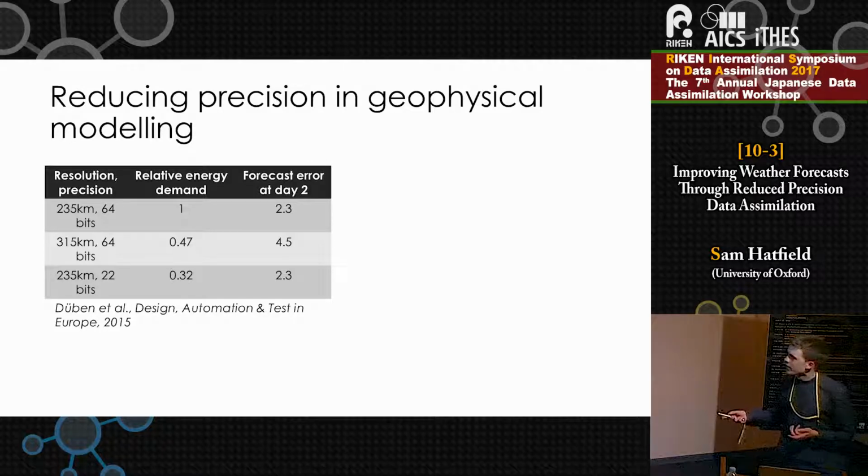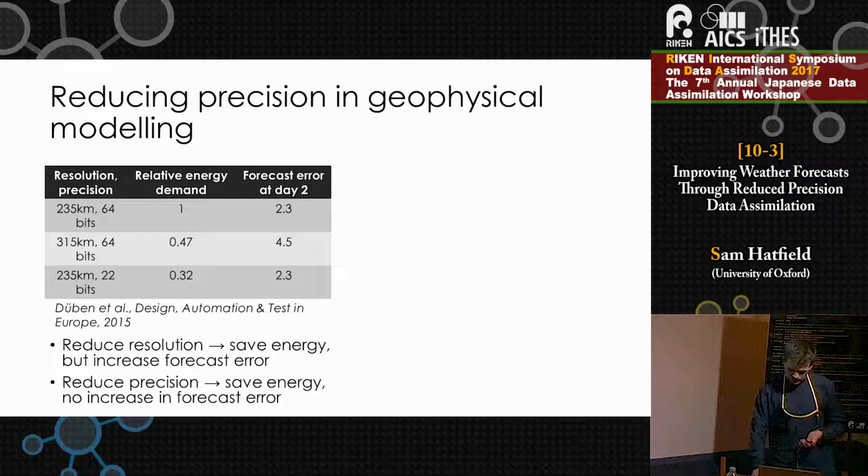So this table shows the relative energy demand and the forecast error computed from an intermediate complexity general circulation model called IGCM for different setups of resolution and precision. So if you go from 235 kilometers to 315, you lower the energy demand, but you also increase the forecast error. However, you can keep the same resolution and also lower energy demand by reducing the number of bits you use to compute the model. And this has no increase in the forecast error.